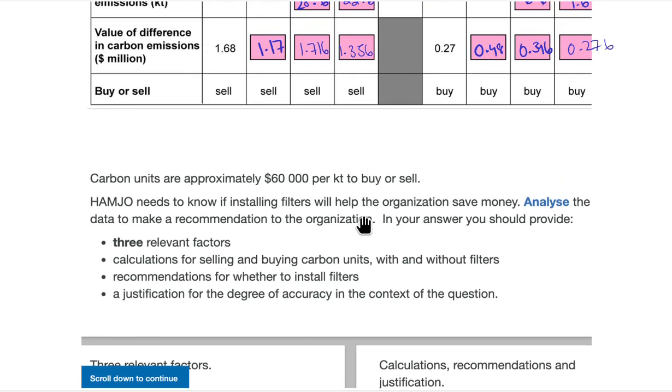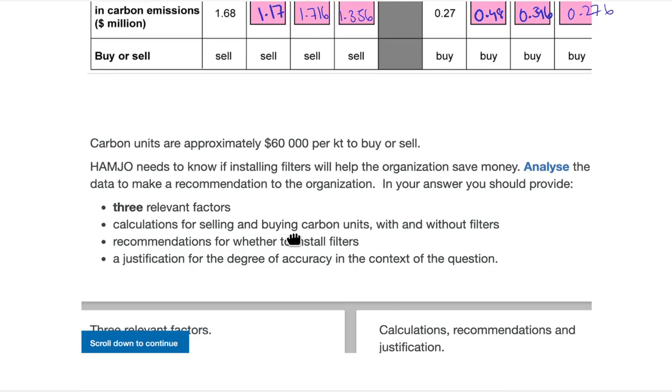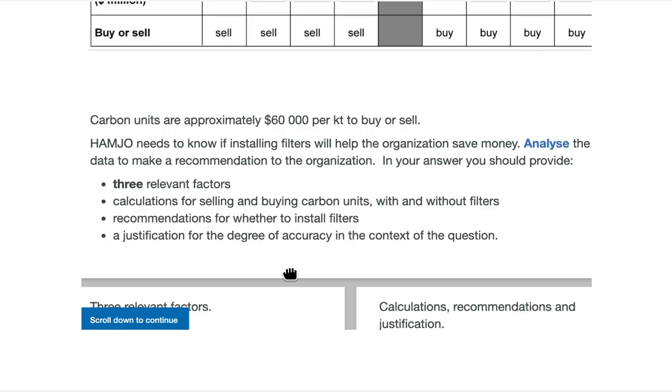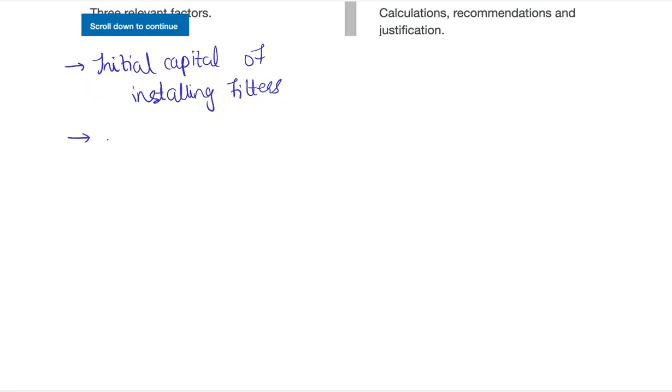Okay, three relevant factors. Analyze the data to make a recommendation to the organization. Look, one of the relevant factors could be the initial capital of installing filters. Now that's by far the most important thing. It was 14 million, somewhere around, installing filters. Then of course there is law and order.